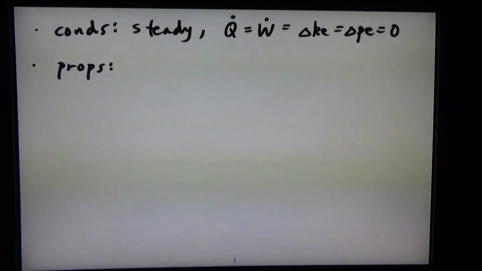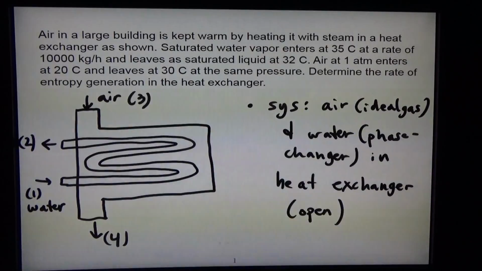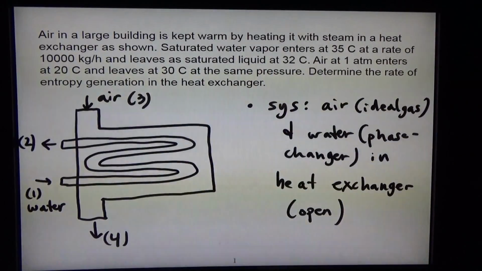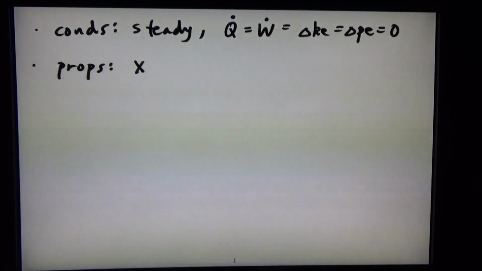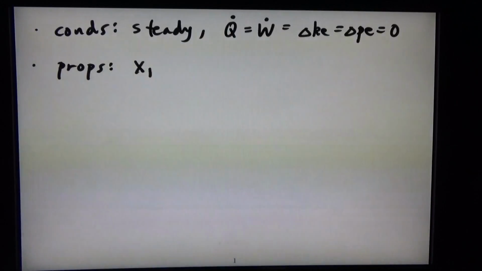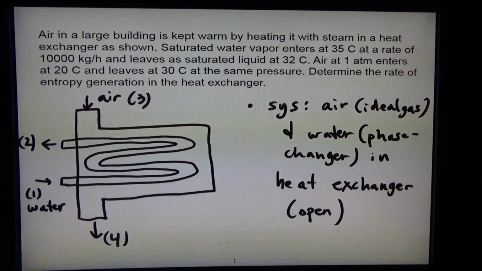For the properties, first of all, we're given inlet properties for the water. So let's start off there. First thing it says, we have saturated water vapor at the entrance. So X1, the inlet for water, is 1, as saturated vapor. The inlet temperature of the water is 35 degrees Celsius.